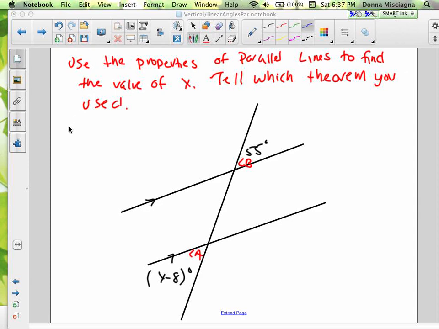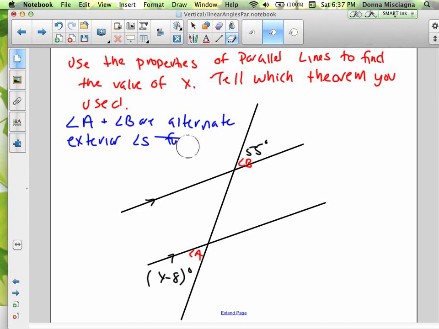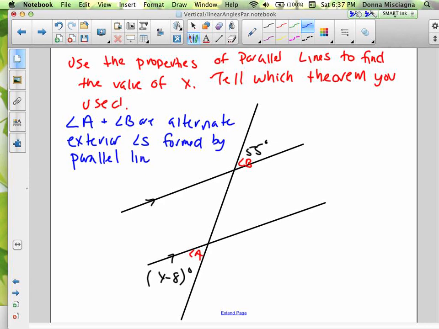So angle A and angle B are alternate exterior angles formed by parallel lines. And so that means they are congruent to one another.